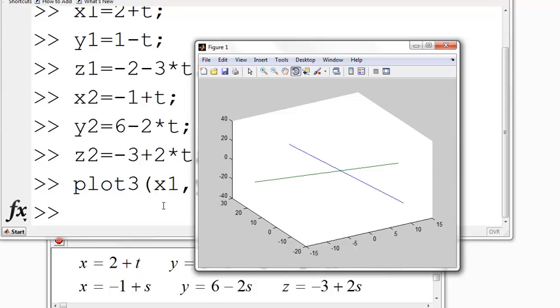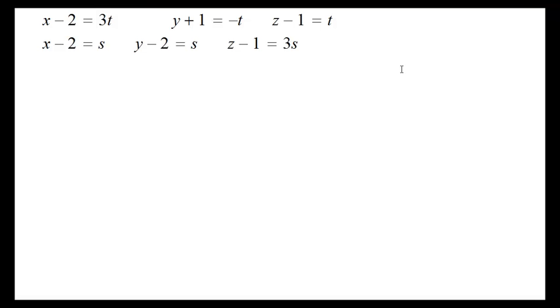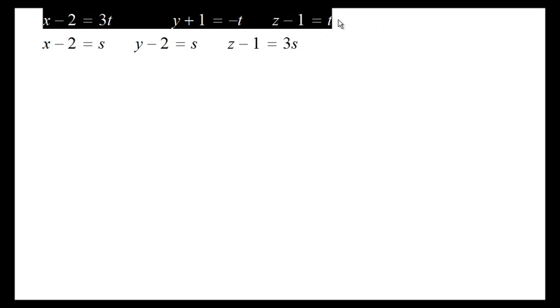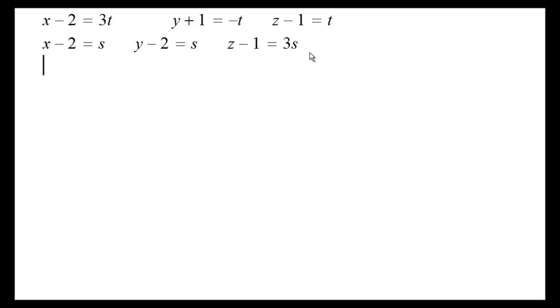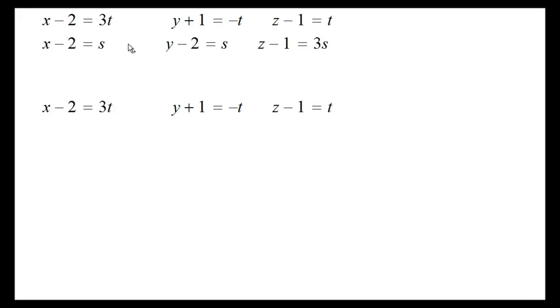All right, so let's take up another example. Here we are going to see if these two lines intersect or they don't. It is slightly different than before. Here we have to solve for x, y, and z.